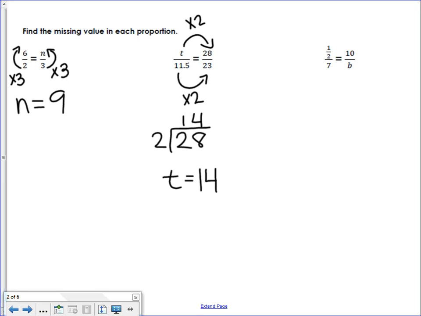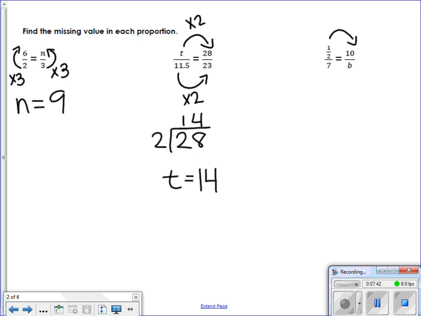And our last proportion is 1/2 to 7 is equal to 10 to b, so we need to solve for b. I know that to get from 1/2 to 10, I need to multiply by 20.